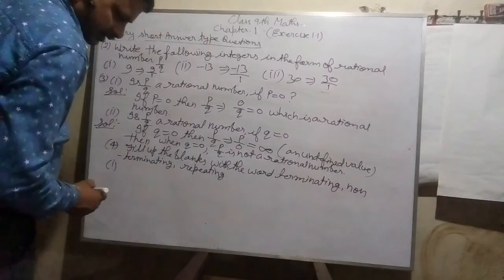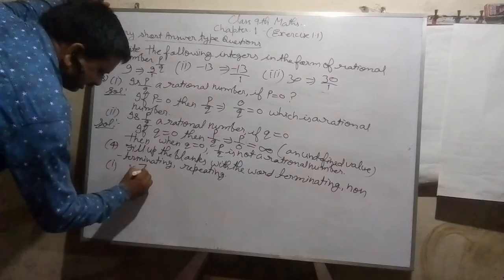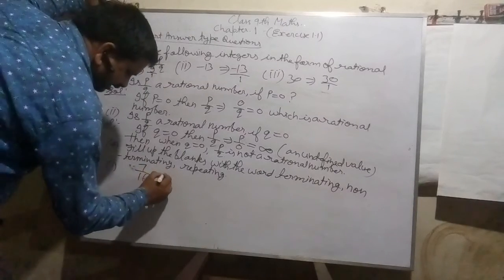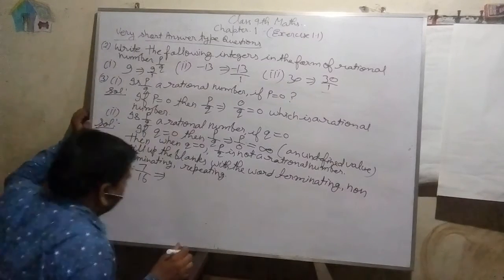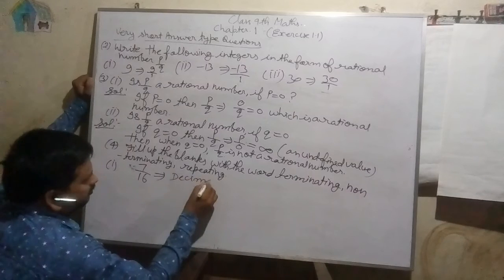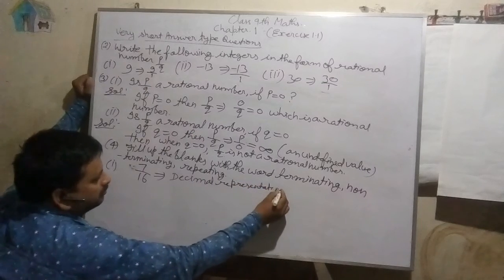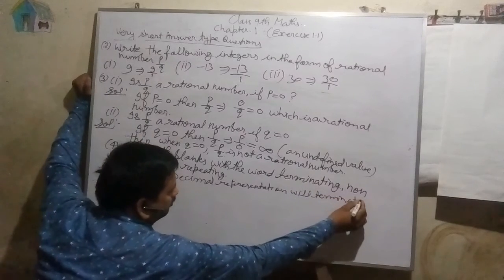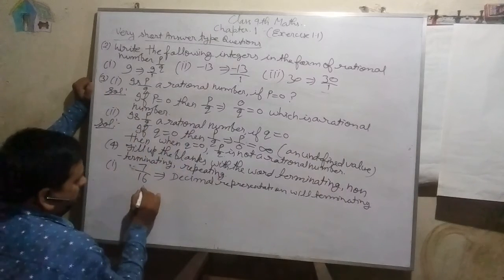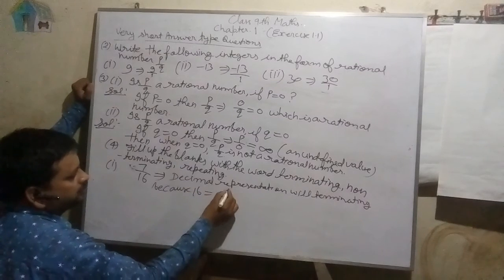First part: on changing 7/16 to a decimal, the decimal representation will be terminating, because 16 equal to 2 raised to the power 4.